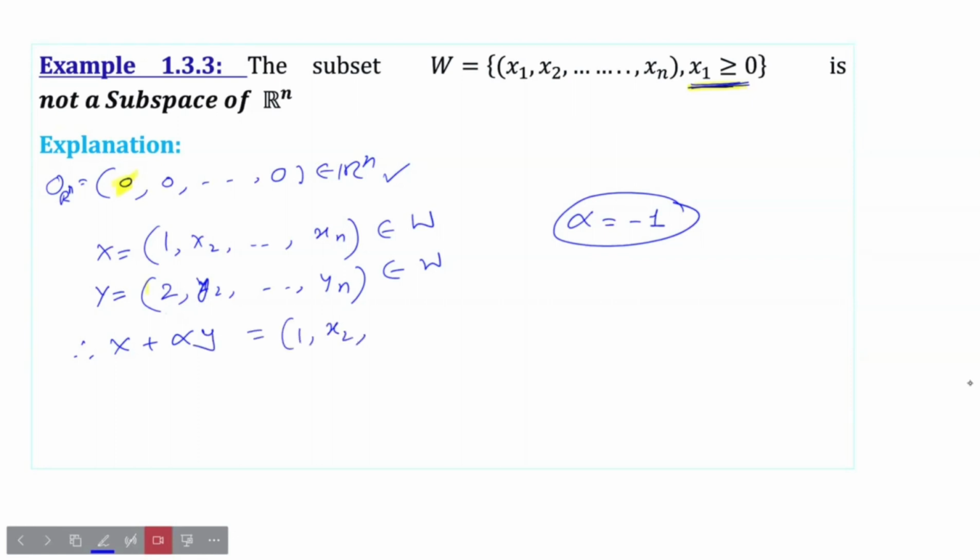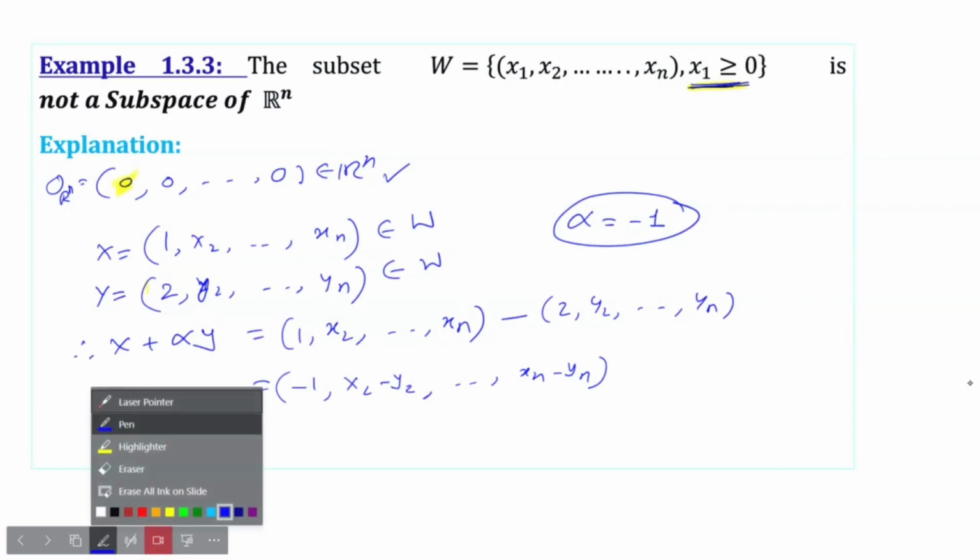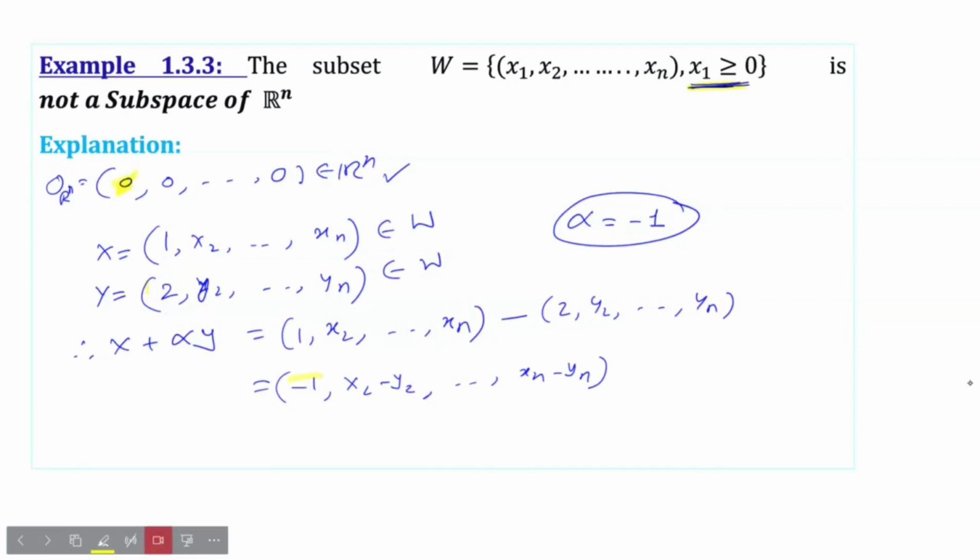So x plus alpha y is (1, x2, x3, ..., xn) minus (2, y2, y3, ..., yn), which gives (-1, x2 minus y2, and so on up to xn minus yn).